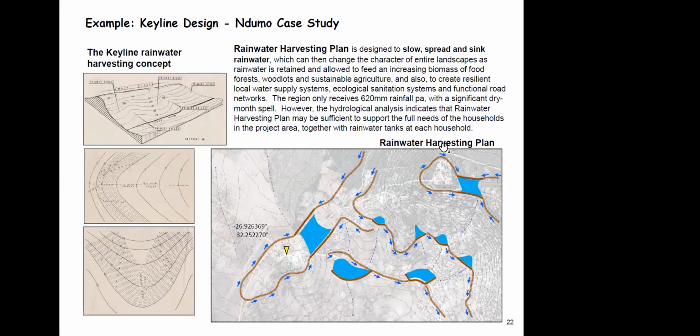So your hilltop becomes like your roof, and the swale is the equivalent of a gutter. Along this ridge line here, there's also a slight little saddle, so that can also contain water. And then these are all other small little catchment dams. So here's the rainwater harvesting plan as the first critical element of the concept design.